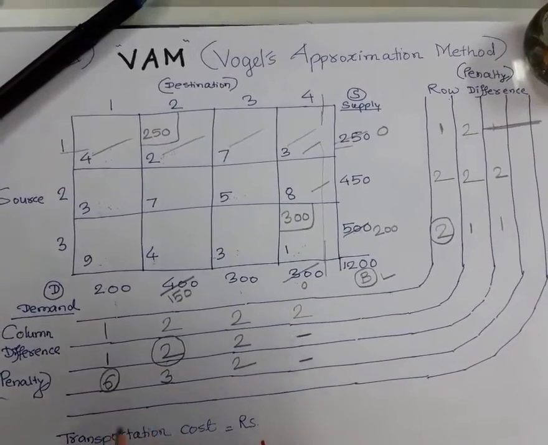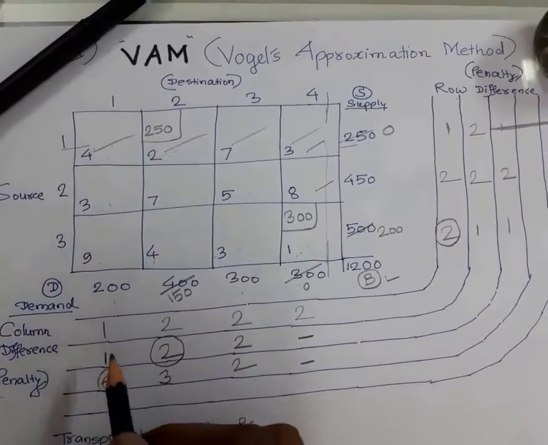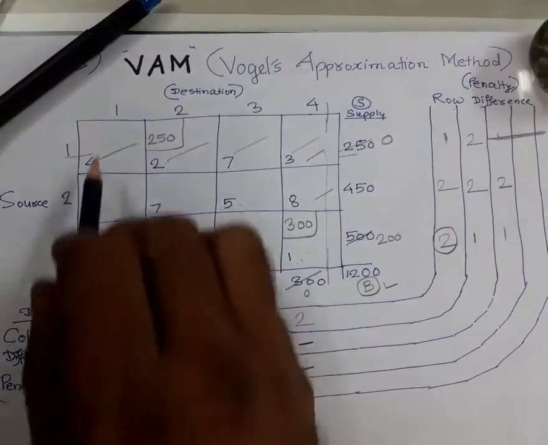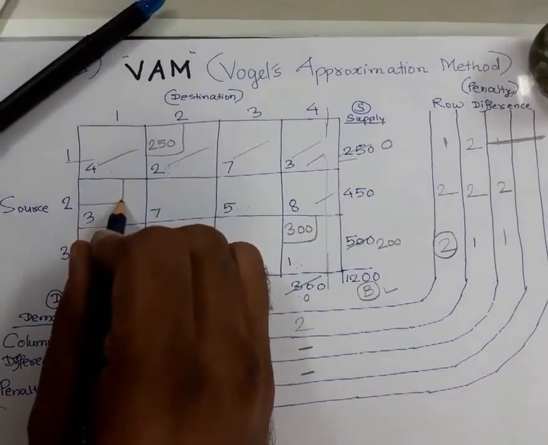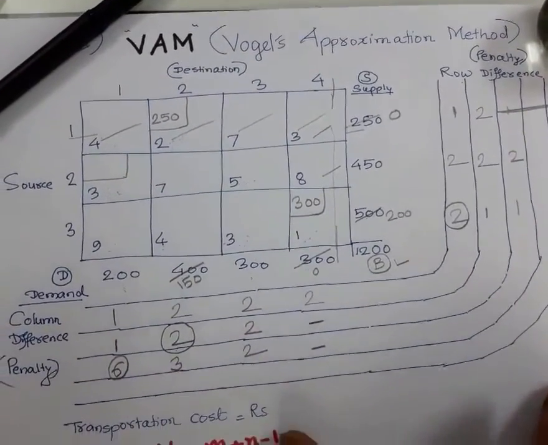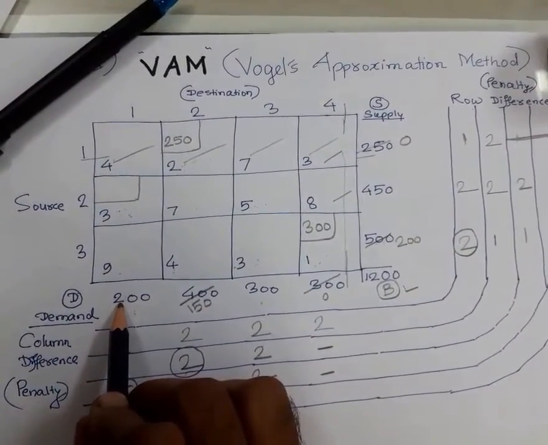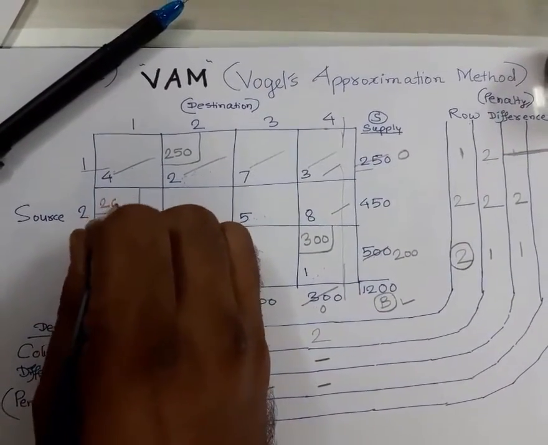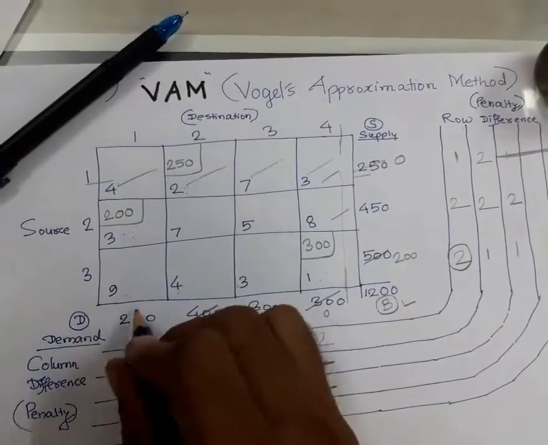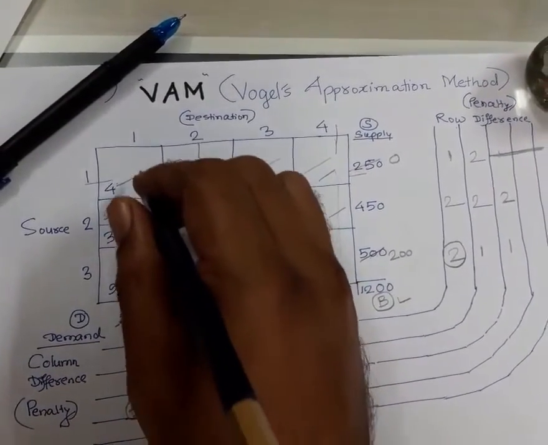Just allocate the units to the smallest transportation cost. Now for this first column, 3 is the smallest transportation cost. Now for this cell, we can allocate maximum 200 units out of 400. So just allocate 200 here. This will become 0. So now this is deleted.